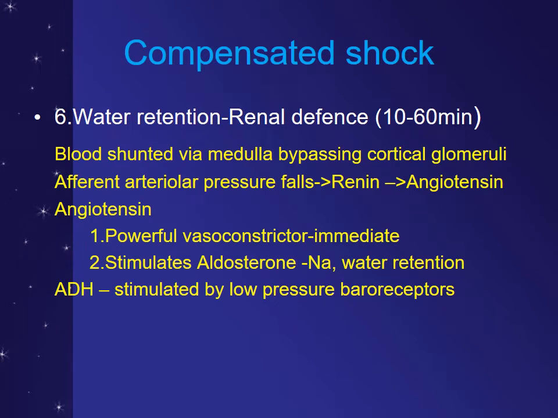And we know angiotensin itself is a powerful vasoconstrictor, which will act immediately, and it will stimulate aldosterone, which can lead to sodium and water retention. And ADH will also be released due to low pressure in baroreceptors, and ADH will also retain water.